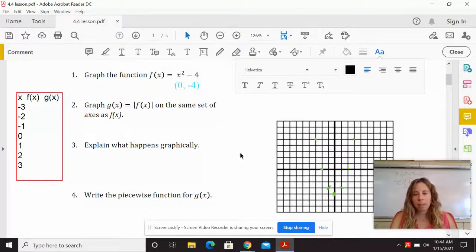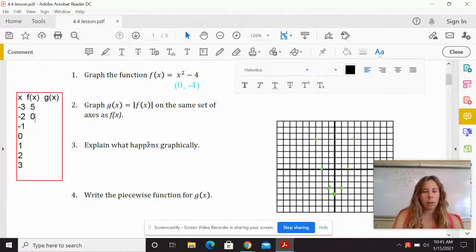Then f of x: when x is negative 3, it is 5, and negative 2 is 0. When it's negative 1, negative 3.